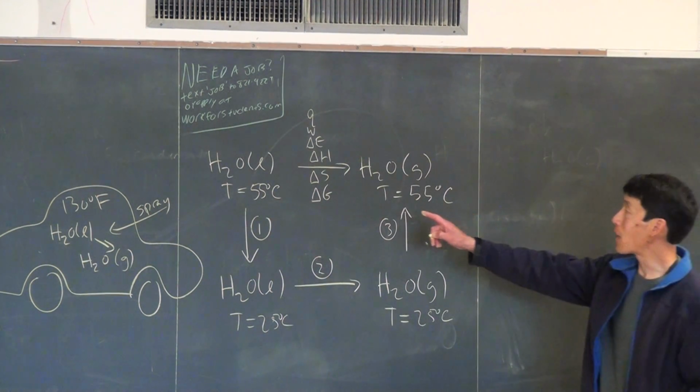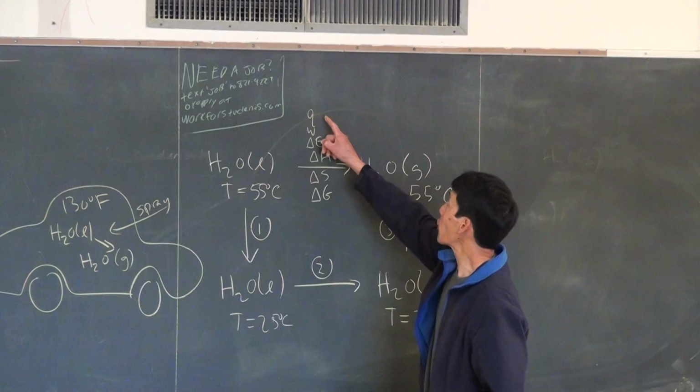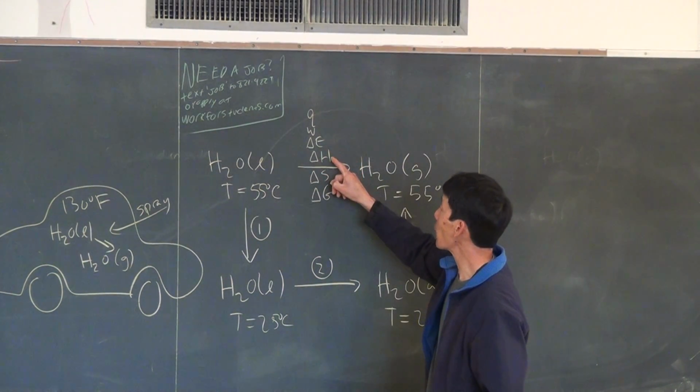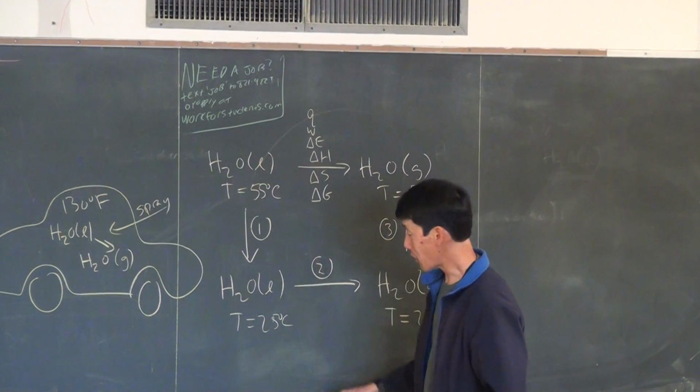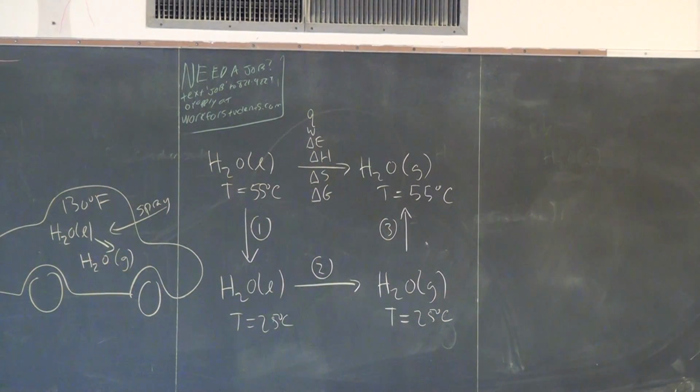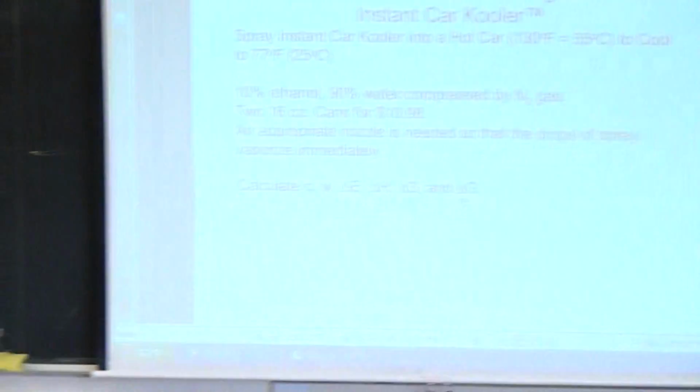Now again, we can directly measure Q and W, and then we can relate Q and W to delta E, delta H, delta S, and delta G. So before we start, what is the formula for Q? We don't know what delta H is yet, so we can directly measure Q using what formula?